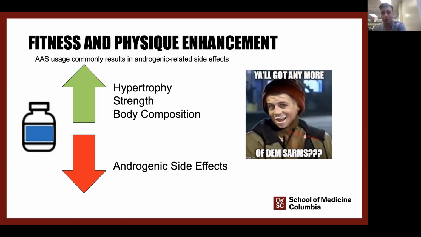So again, it's important to note that the idea is that if we can get all the benefits of steroids without all the negative androgenic side effects of those steroids, then this is a gold mine for physique athletes and recreational and competitive athletes, in addition to all of the clinical relevance that this has.